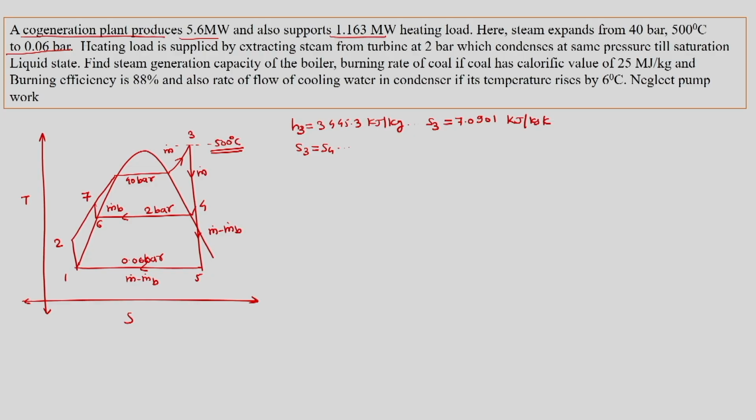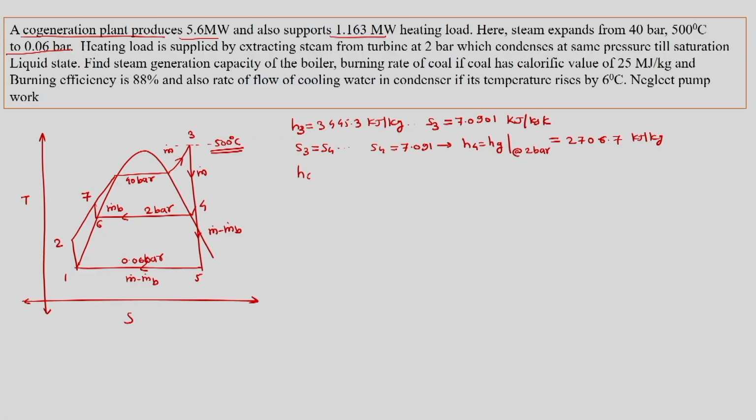X4 happens to be exactly on the saturated vapour line, so S4 is equal to 7.091, and this gives us H4 equal to Hg at 2 bar, and this value is 2706.7 kilojoule per kg.